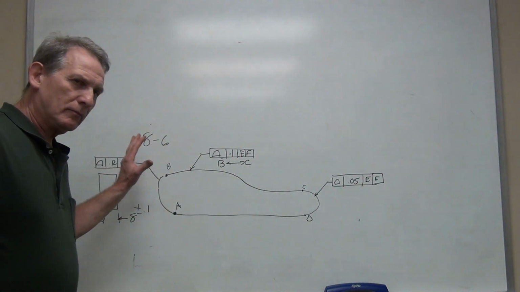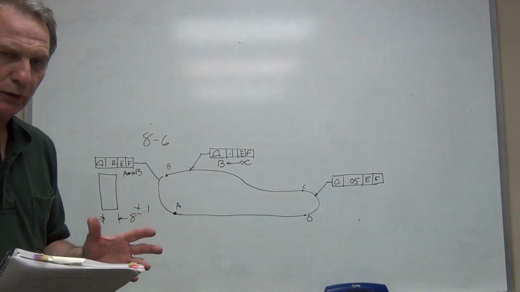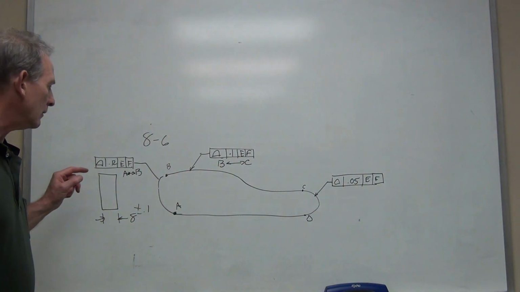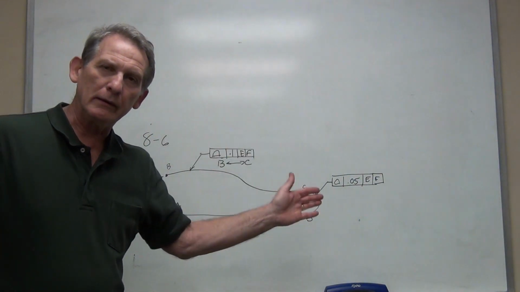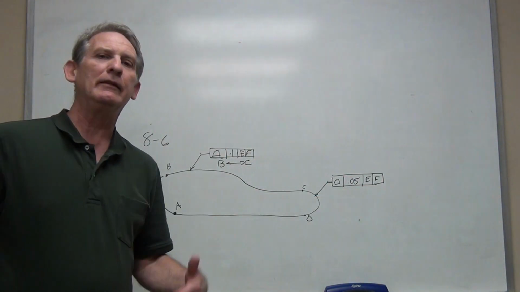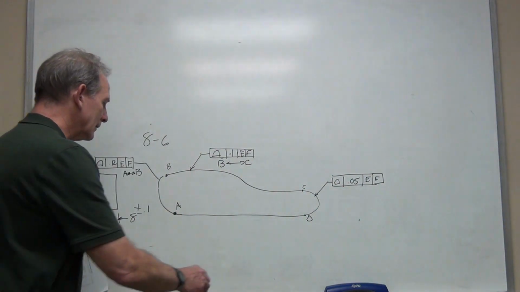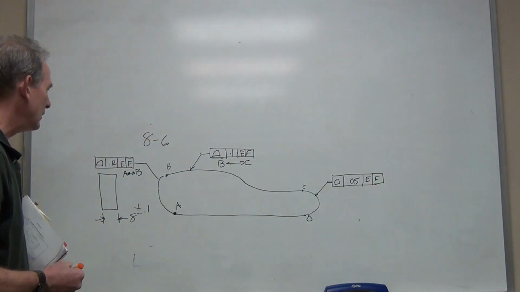This illustration shows you that you can define a tolerance zone from one point to the next, and then from that point to the next point you can define another tolerance zone. So let's see what that would look like if we actually did that.